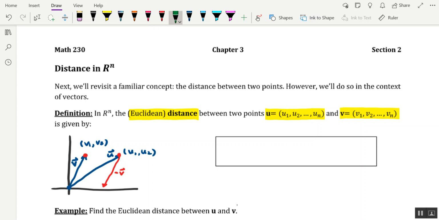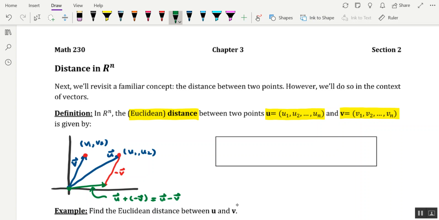And the resulting vector from adding u and negative v together will be attached to the origin and connect to the tip of negative v. This green vector right here would be the vector u plus negative v, which can be rewritten as direct subtraction of u and v.